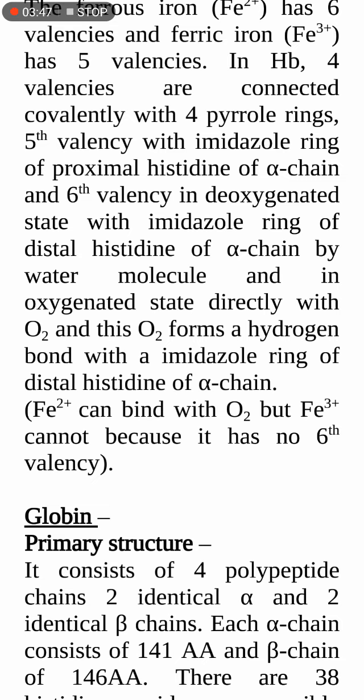In hemoglobin, the native conformation of the globin is the quaternary structure. So here all 4 levels of organization are present. We will discuss the different levels of organization starting from the primary structure.